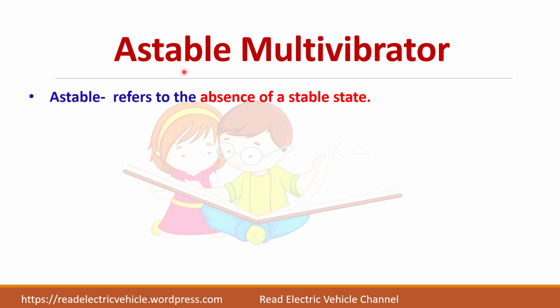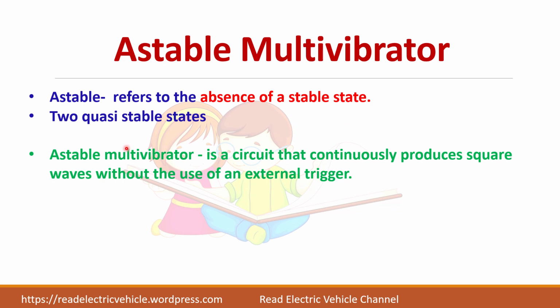What is this astable multivibrator? Astable means absence of stable state. So only two quasi-stable states will be available in an astable multivibrator. Astable multivibrator is a circuit that will produce square waves without any external trigger.